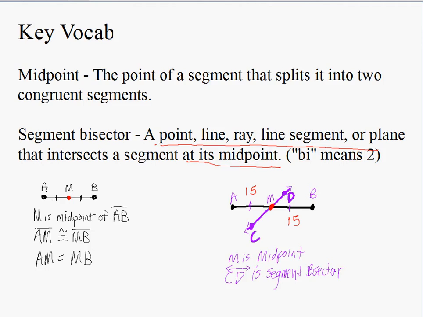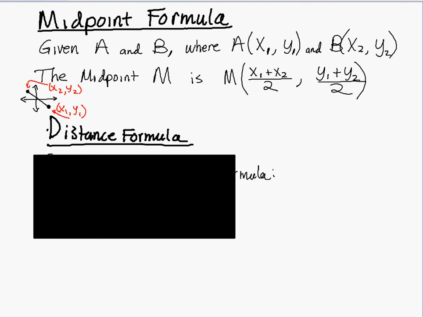Next card. Midpoint formula. I'm going to give you 2 points, A and B. A is going to have an XY coordinate, and these ones right here are just the title. And B, I'm going to give you an XY coordinate, and these twos are just the title. The midpoint M. So here's a picture right here.